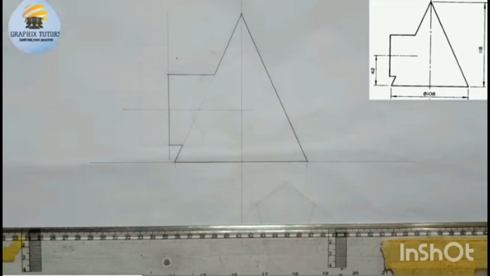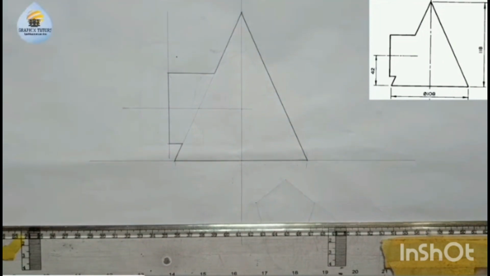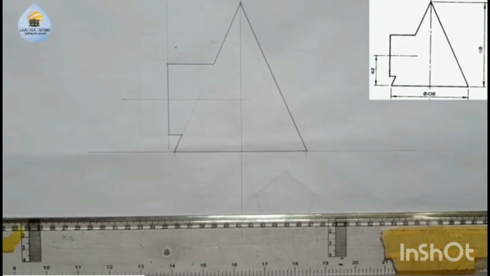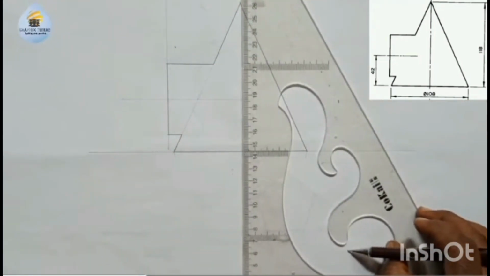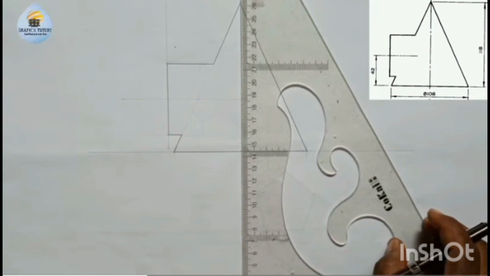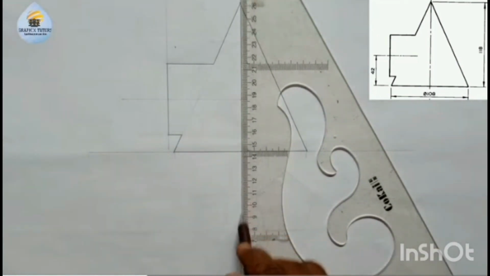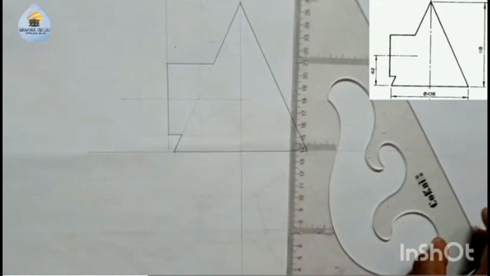Now what I will do is, I'm going to extend my line upward a little bit. I'm going to extend it from here. I'll extend it this way. Can you see that?